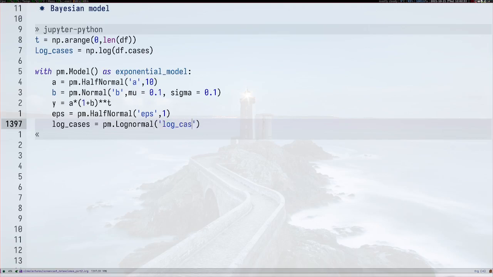Log cases, mu is equal to pm.log of Y. So I'm here using the log function from pymc3 itself, so that's in the math library. So that's log y, sigma equals EPS, and observed is equal to log cases, as we defined above.